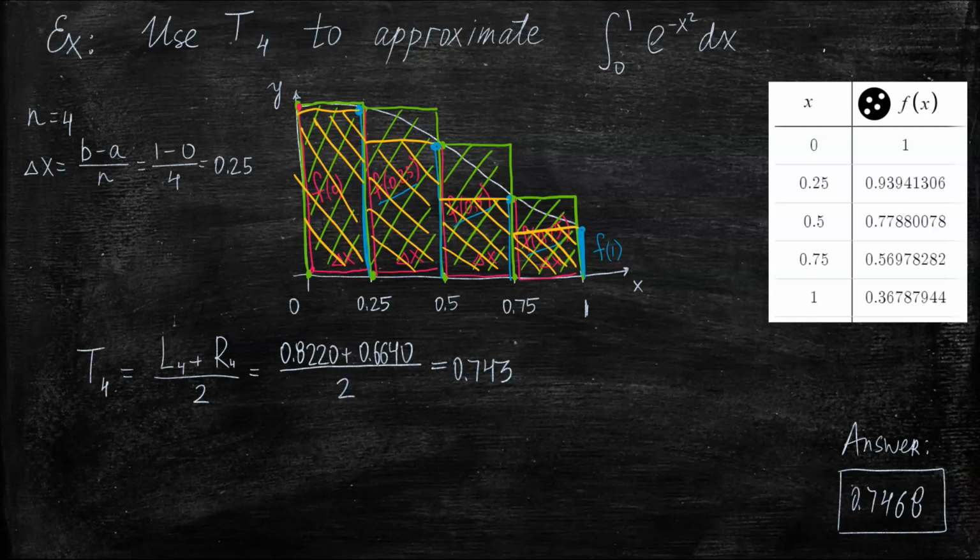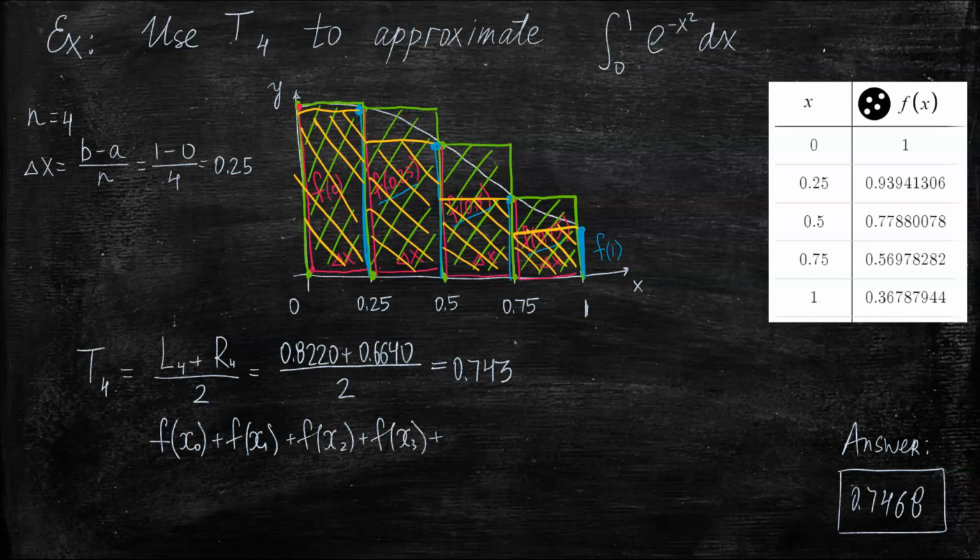L4 is the sum, if we recall the formula, f of x0 plus f of x1 plus f of x2 plus f of x3.